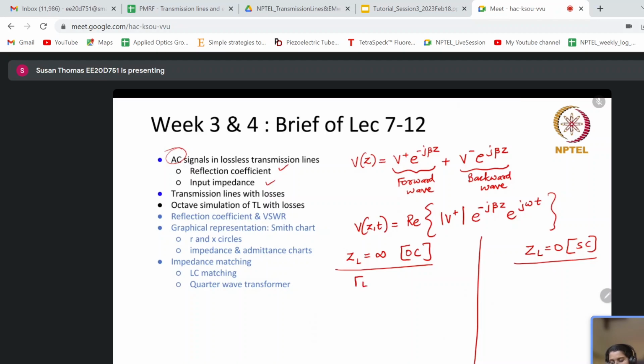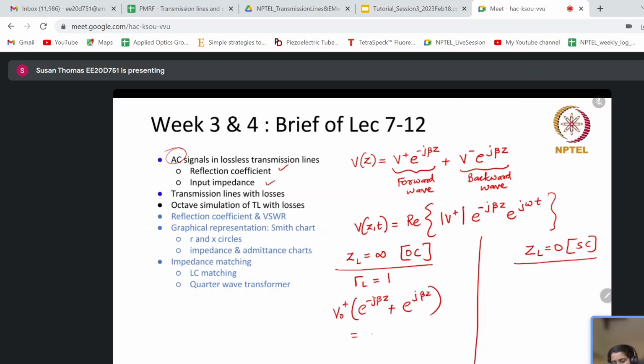To brief out those discussions, whenever there is an open circuit connected at the load end, the reflection coefficient gamma L is 1, and the voltage equation reduces to V naught plus into e raised to minus j beta z plus e raised to j beta z.